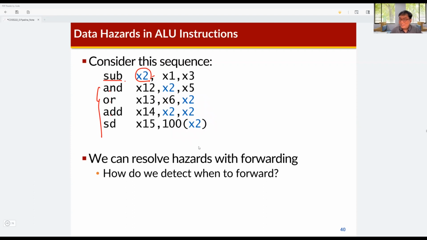Every following instruction requires the result from this one sub instruction.